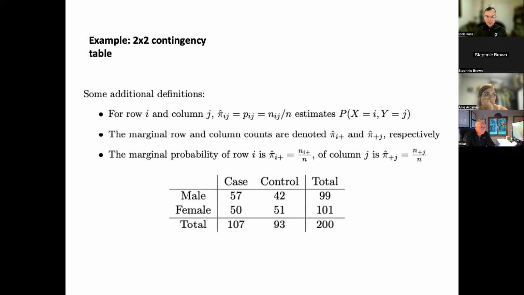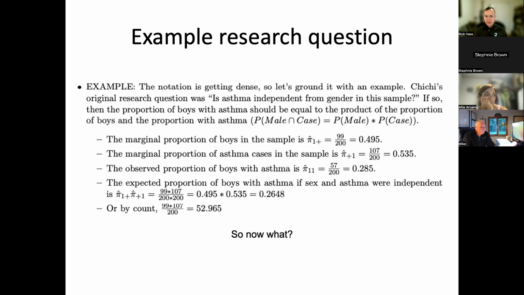So for example, if you wanted to do all the math out, it's right here. Okay? So if we put it all together, we've got 49.5% boys, a little over half, so 53.5% asthma cases.